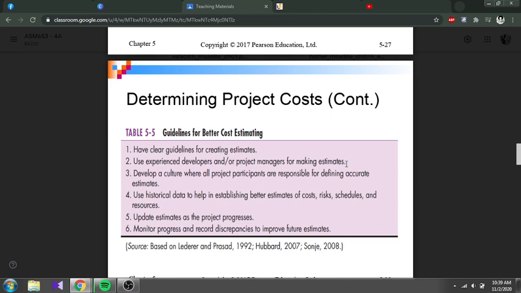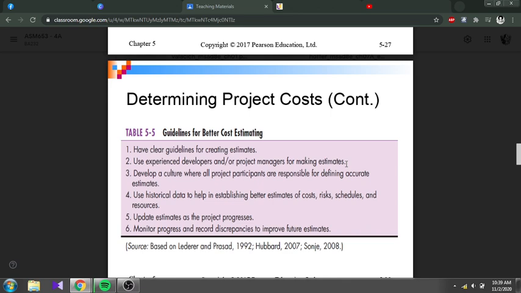Develop a culture where all project participants are responsible for defining accurate estimates, and use historical data to help establish better cost estimates. We look at the history, maybe the previous risks that happened, the schedules and resources available, and update estimates as the project progresses.